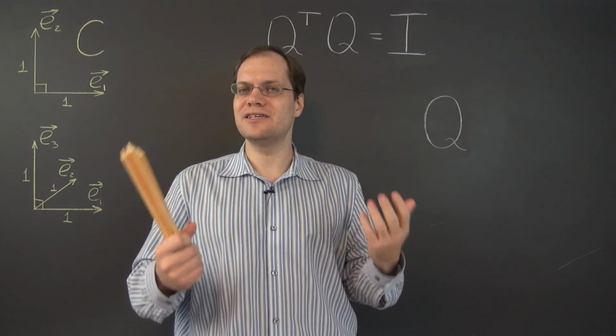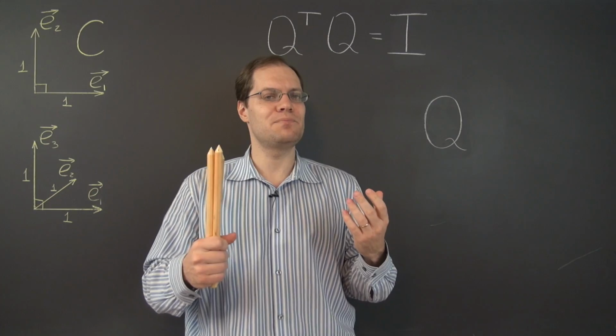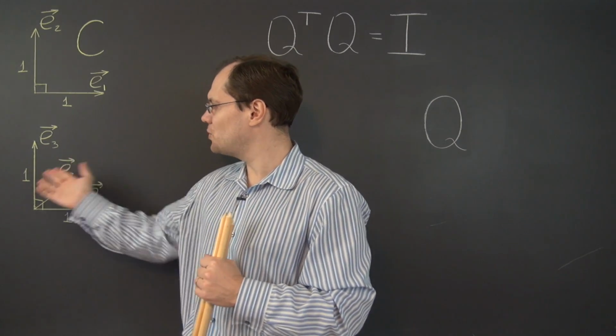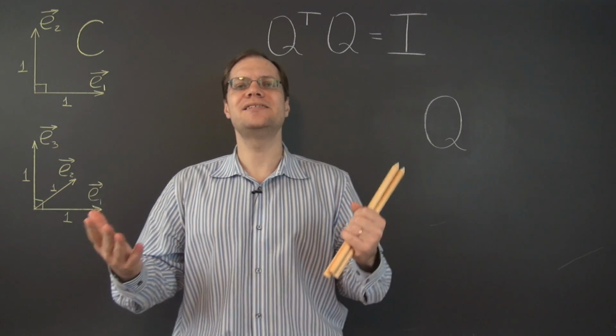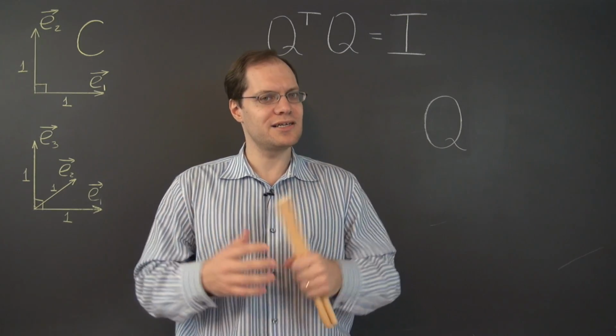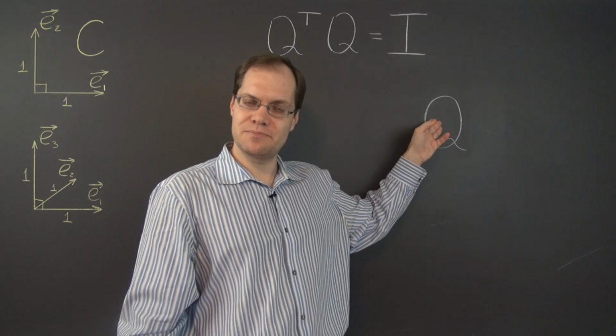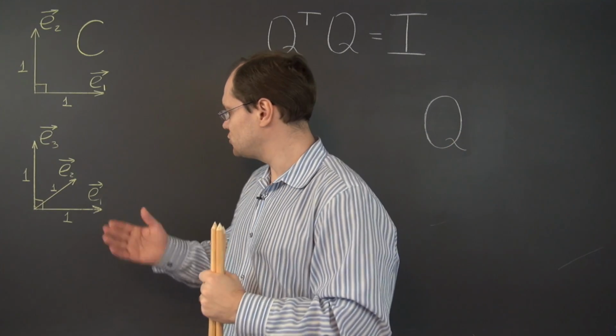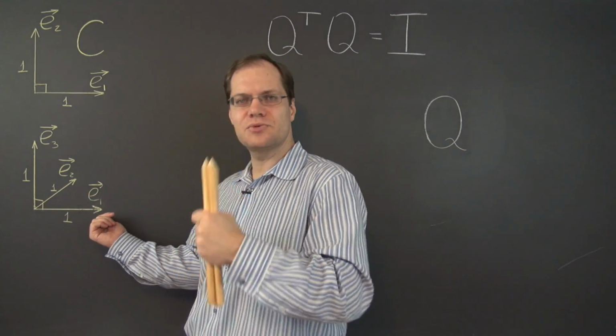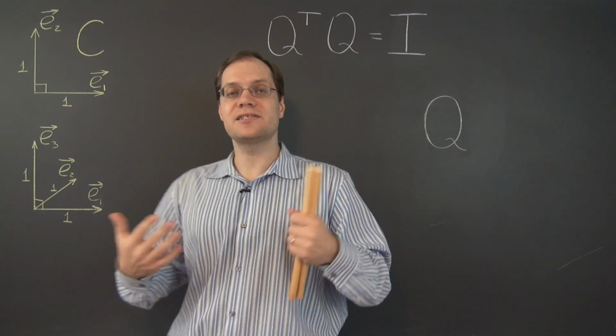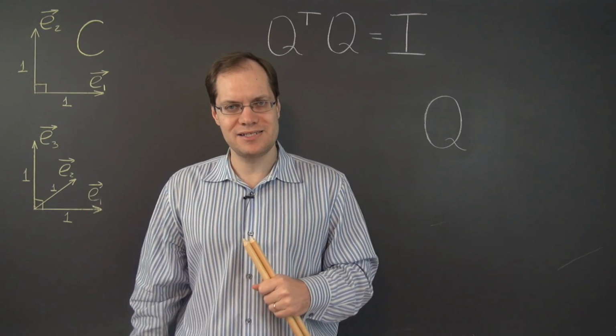Now, how do we show that this is true? Well, let's simply apply this transformation to one of these basis elements and see what we get. Now, we're working in component spaces right now, so in order to apply the transformation by multiplication, we need to represent the basis element, let's work with E1, by its components with respect to the same basis.